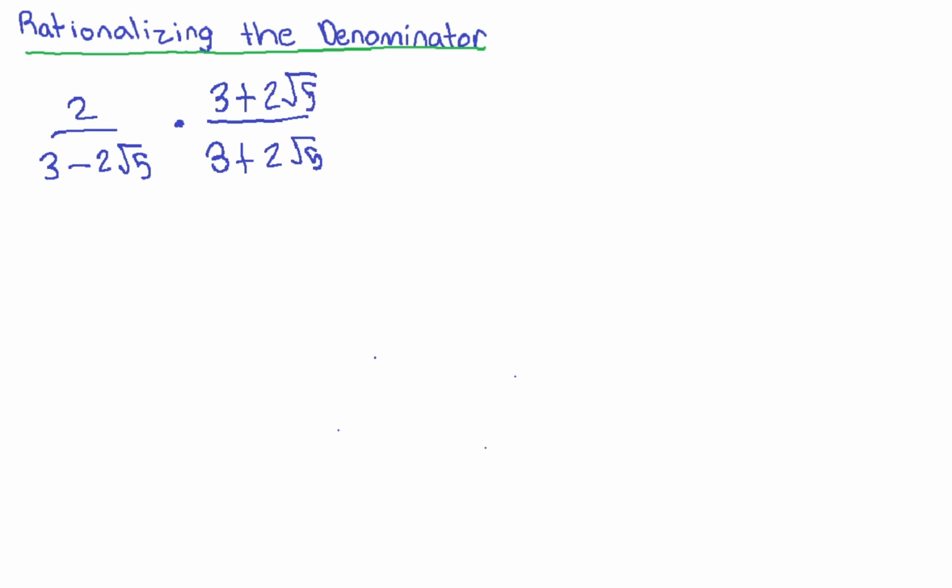So now we're just going to multiply it out. When we multiply it out, we get 6 plus 2 times 2 root 5 over, and the property that we just used gives us a minus b.